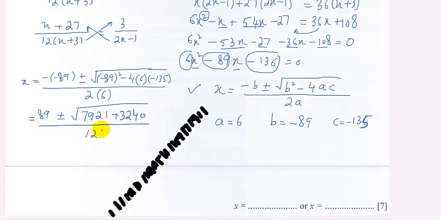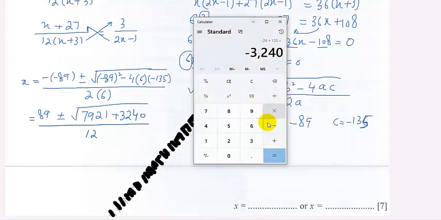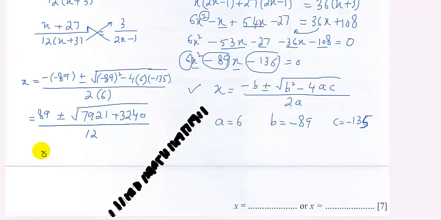And there is 12. Now here under the root, so this is 7921 plus 3240. So it is 11161. So 89 plus minus the square root of 11161 over 12.